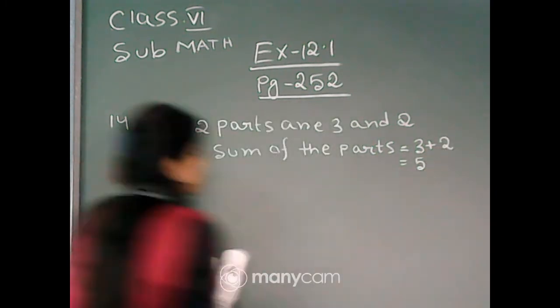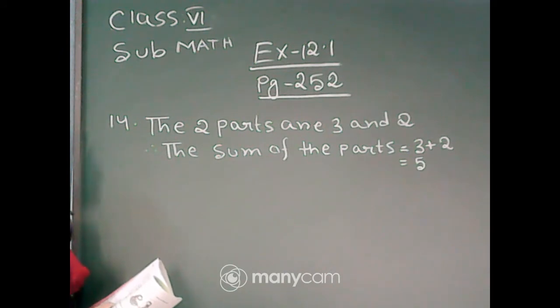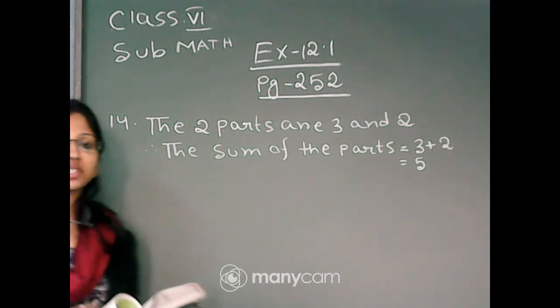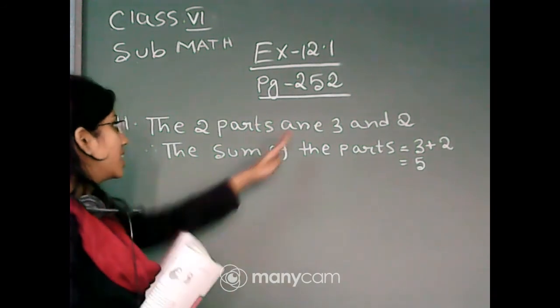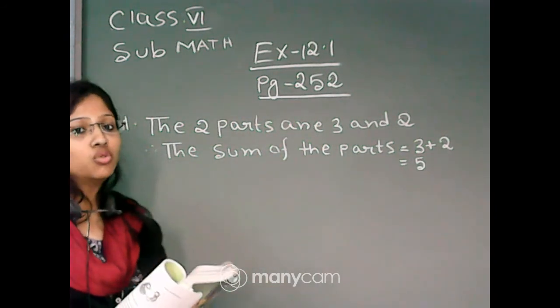This is equal to 5. This means if there are 5 pence, then Sila will get 3 pence and Sangita will get 2 pence.